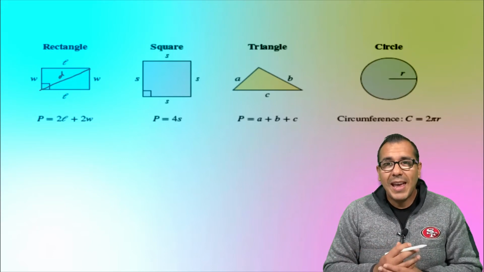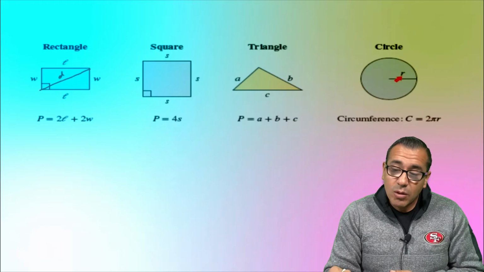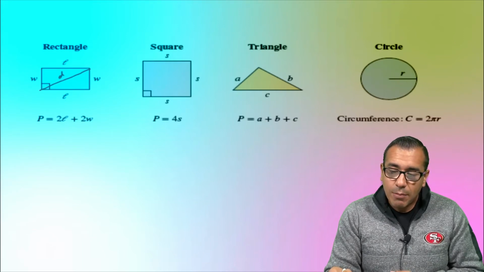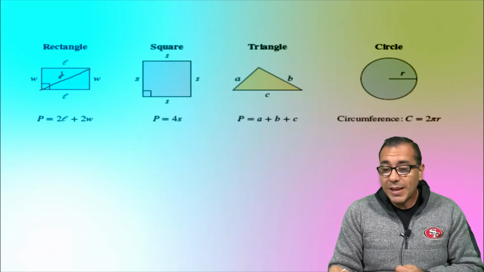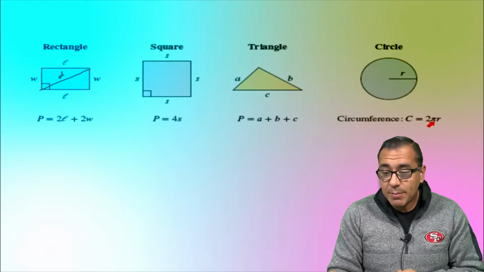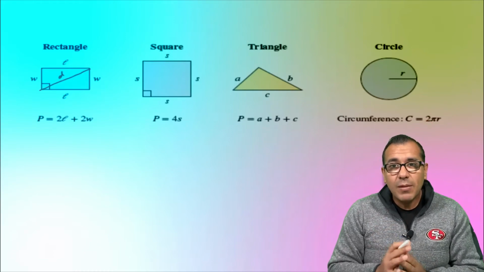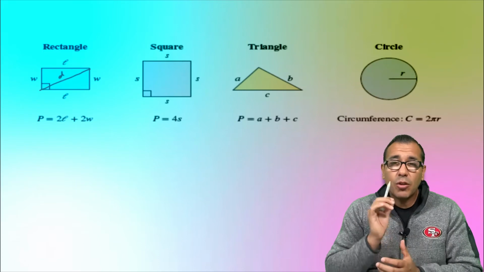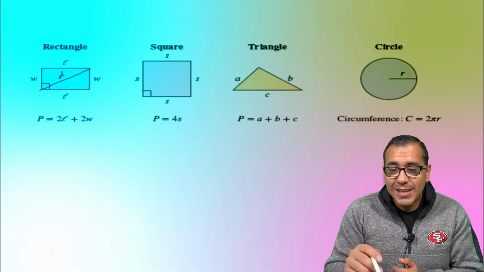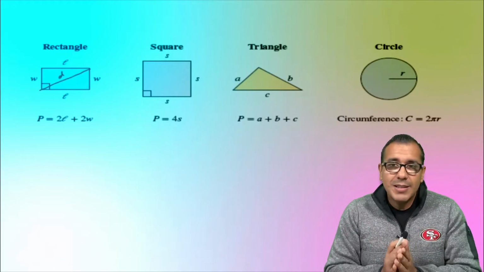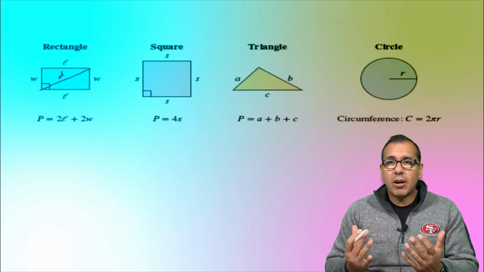If they give you the radius, the distance from that center point all the way to any point on that circle, all you're going to do is multiply the radius times 2 times pi. And remember, we approximate pi as 3.14. So let's do some examples where we see these formulas in action, and you're going to see that it's actually not too hard. So let's take a look.